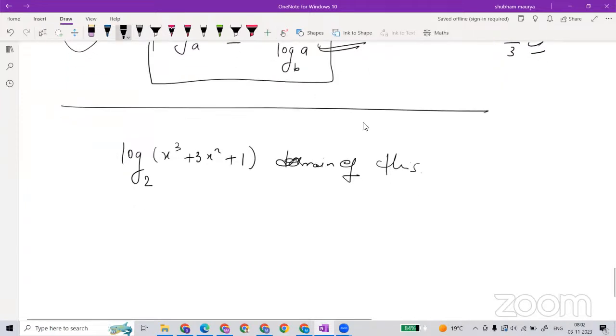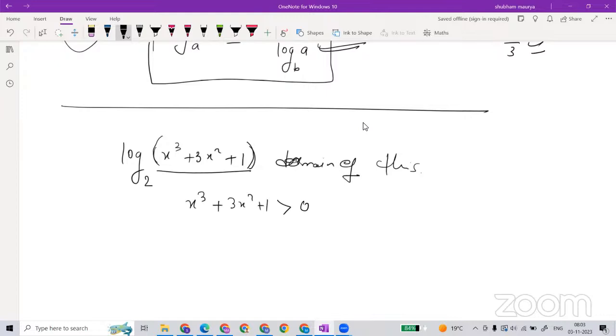So to get the domain, the first step says this whole thing should be positive. This is a composition of a polynomial and log, so the whole thing should be greater than 0. That means x cube plus 3x square plus 1 should be strictly greater than 0.